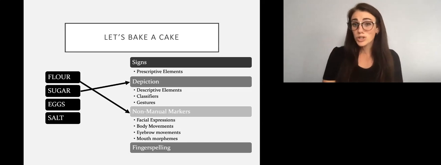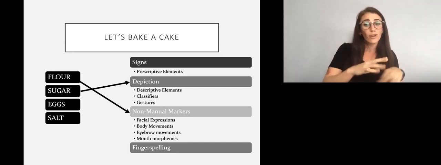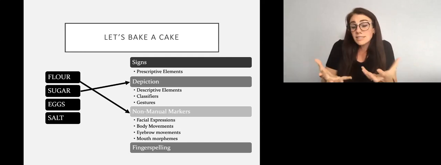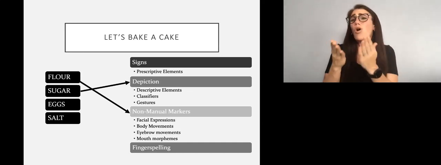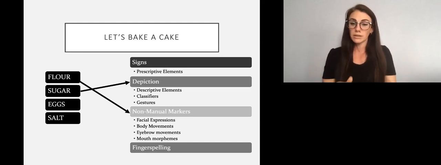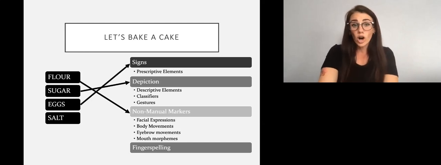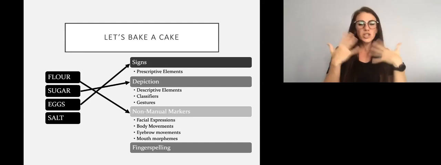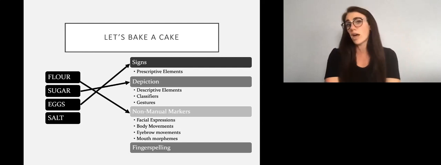So if I had asked you all to charades cracking an egg, you would have been able to do that without knowing the sign for egg at all. And I would have understood you very clearly. Okay. That's depiction. That's the idea of gesturing and using some of those miming techniques that you already have inside you to make your language more visually appealing. Okay. Now, speaking of eggs, eggs are our signs. Because if I'm just gesturing and using facial expressions and my body, then what I'm really doing is just playing charades if I don't have any signs.